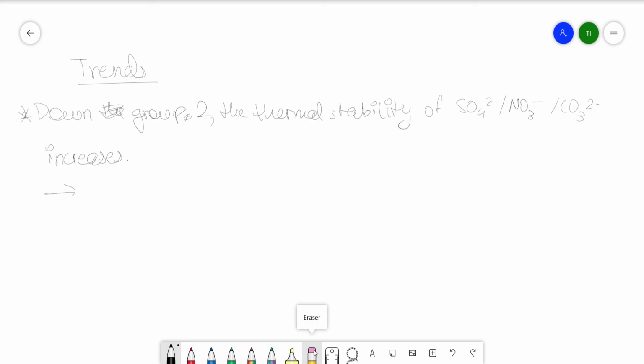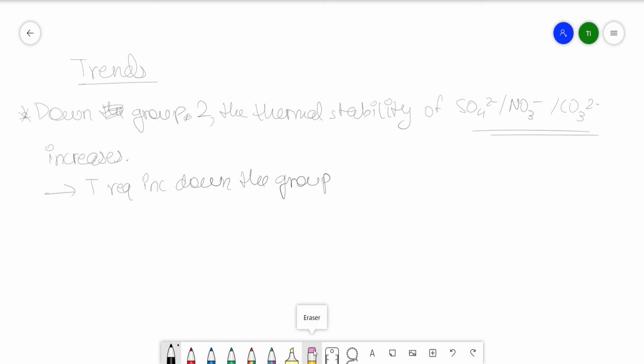And what this means is that the temperature required to break it down thermally, T required, increases down the group. Okay, this is important. The thermal stability increases down the group for all these anions, the compounds, which in a sense means that the temperature required to break them down increases down the group.